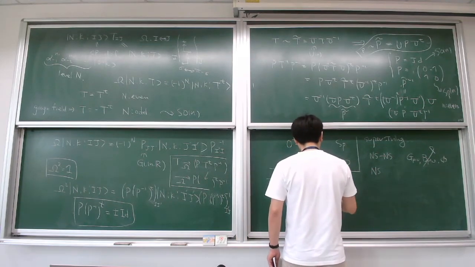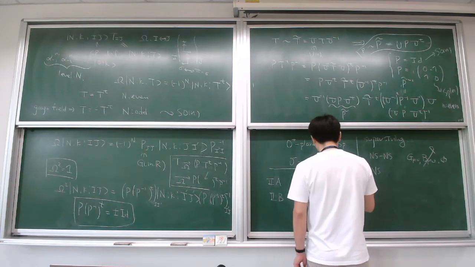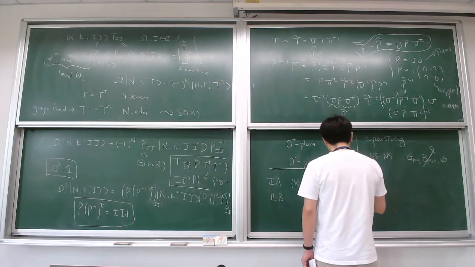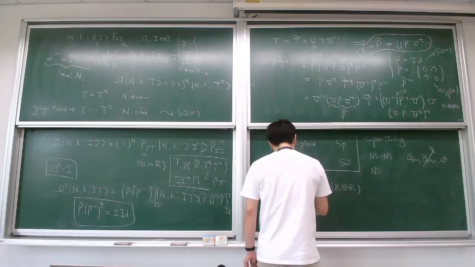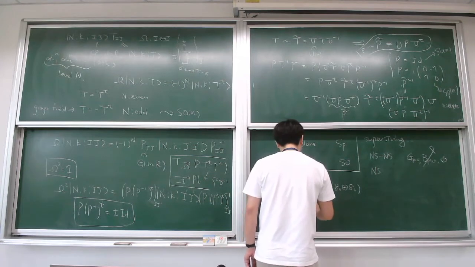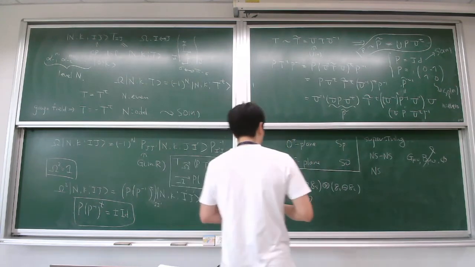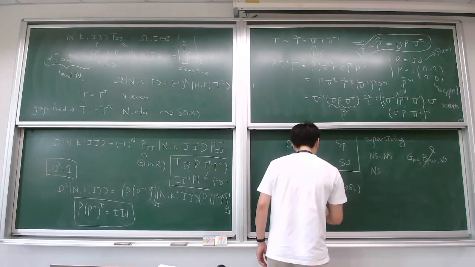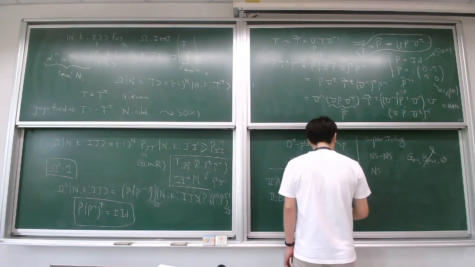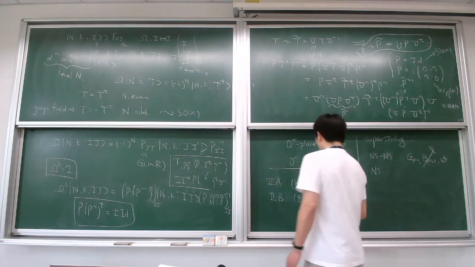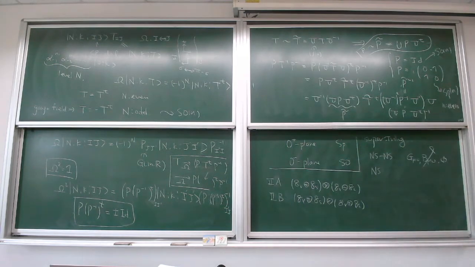You have opposite chirality for type 2A, but we pick the same chirality for type 2B.